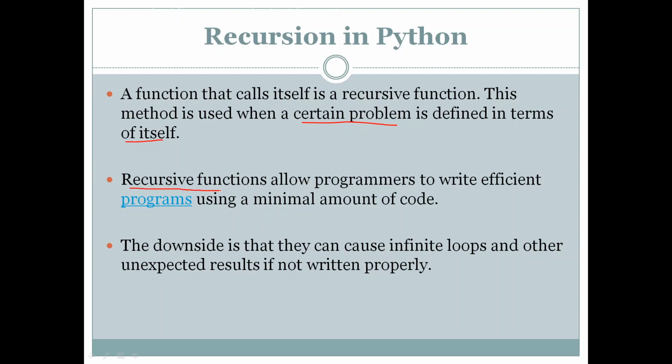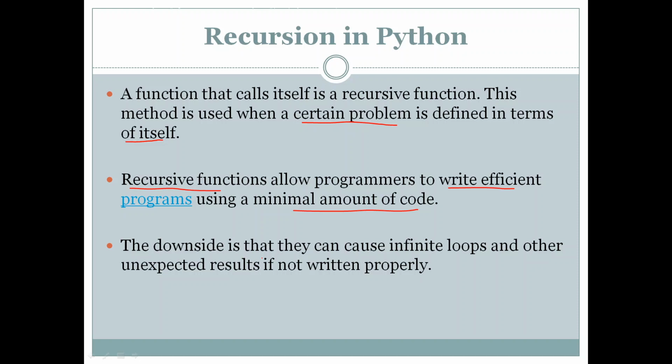Recursive functions allow programmers to write efficient programs using a minimal amount of code. One advantage of using recursion is that the lines of code will be minimal. Now there is a downside of recursion also.